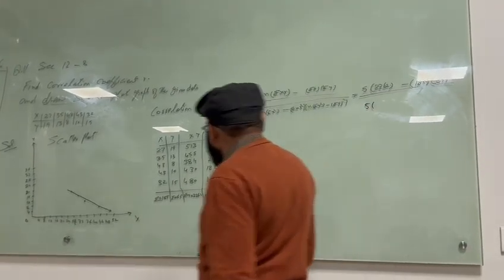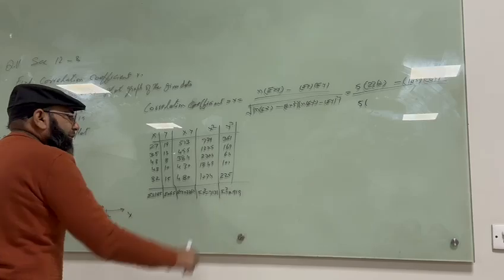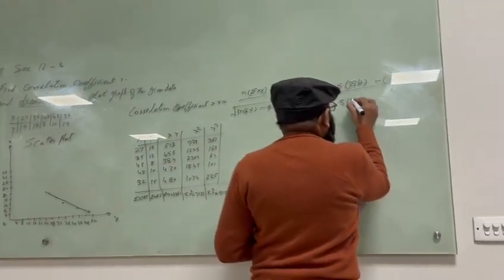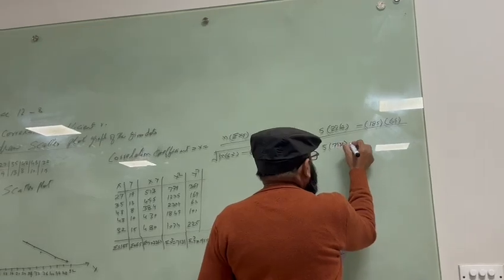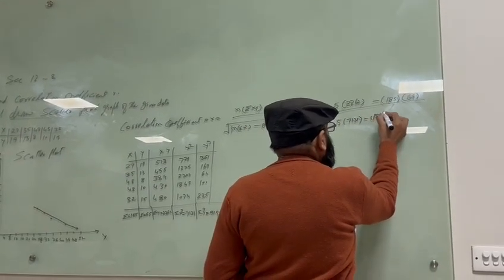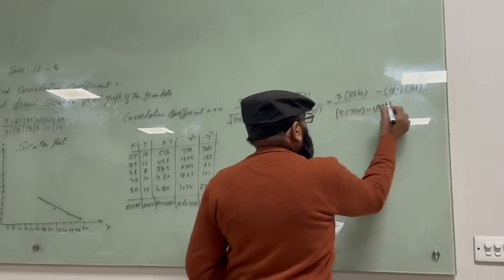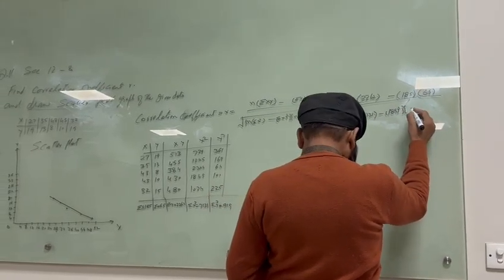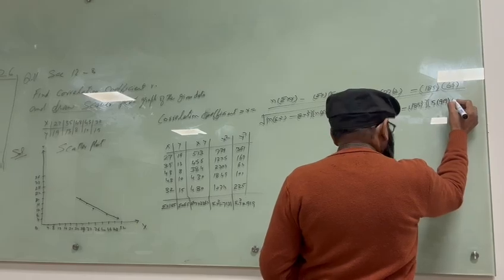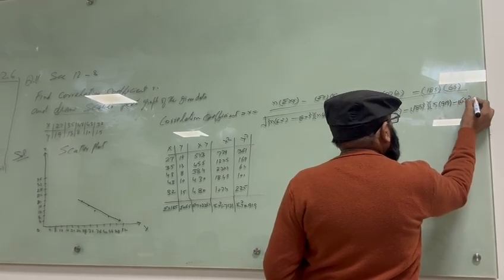The summation of x square is 7131, minus 185 square, divided by n which is 5, and 919 minus 65 square, divided by 5.